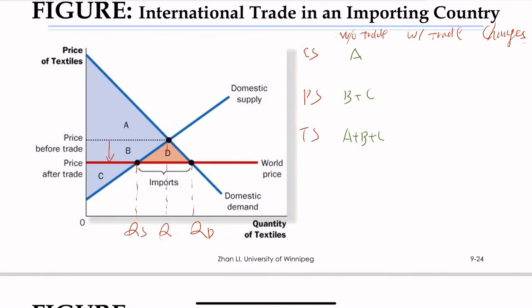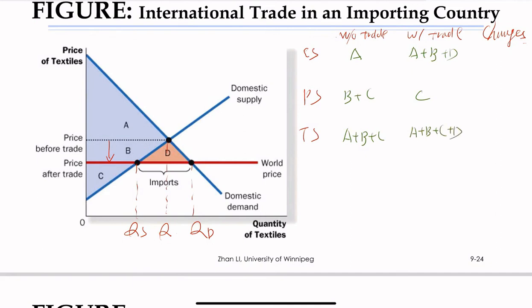So you can see here, with trade, the price drops to the world price, right? So consumer surplus now is given by A plus B plus D. Producer surplus will be suppressed to C. So the total surplus with trade is A plus B plus C plus D.